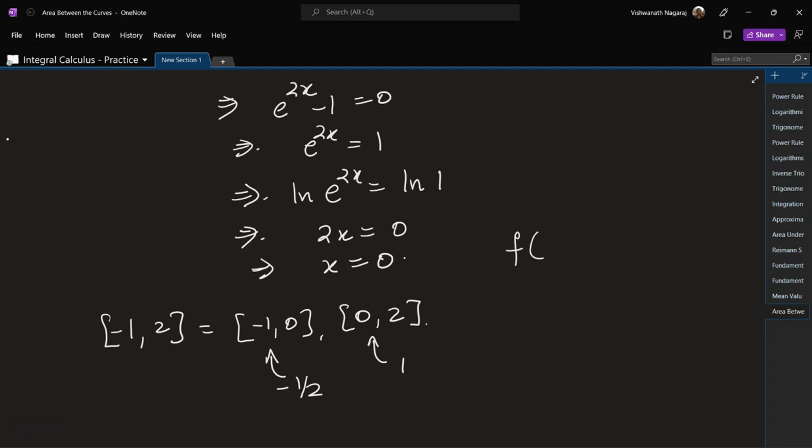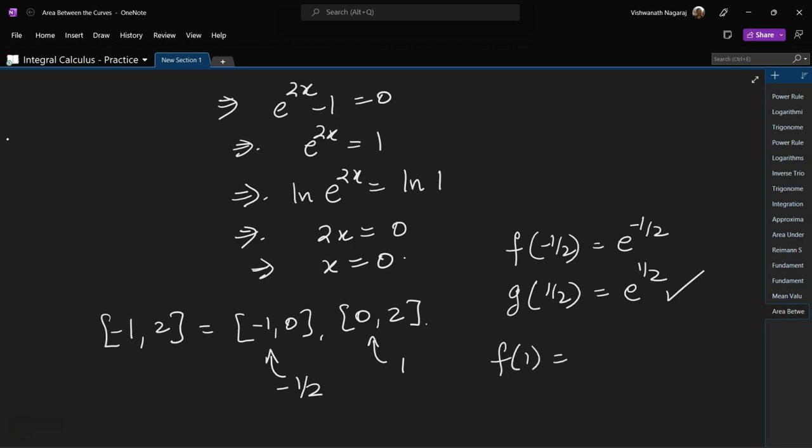So f of minus half will be e to the power of minus half, and g of minus half is equal to e to the power of minus minus half, so plus half.